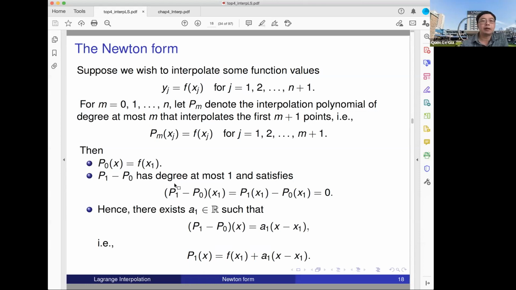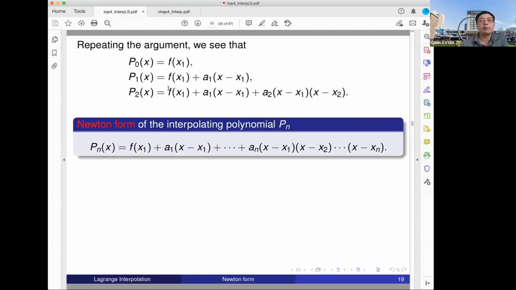So if you go back to the slide, I say that if you repeat the arguments, then you can write out P2 as f(x1) plus a1 times (x minus x1) plus a2 times the product (x minus x1)(x minus x2). And you can do the same for P3, P4, up to Pn. Okay.